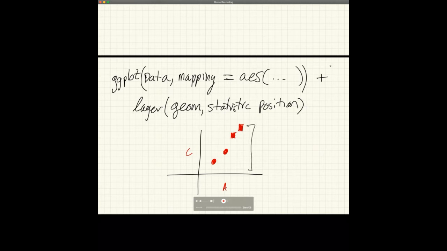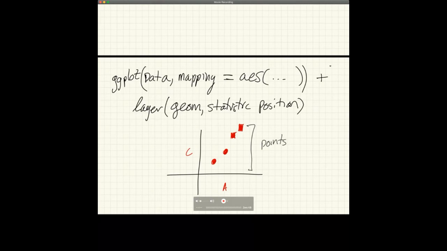So what are these elements? Well, conceptually, they're points. They occupy a specific location in the coordinate system, the unique combination of values for A and C.